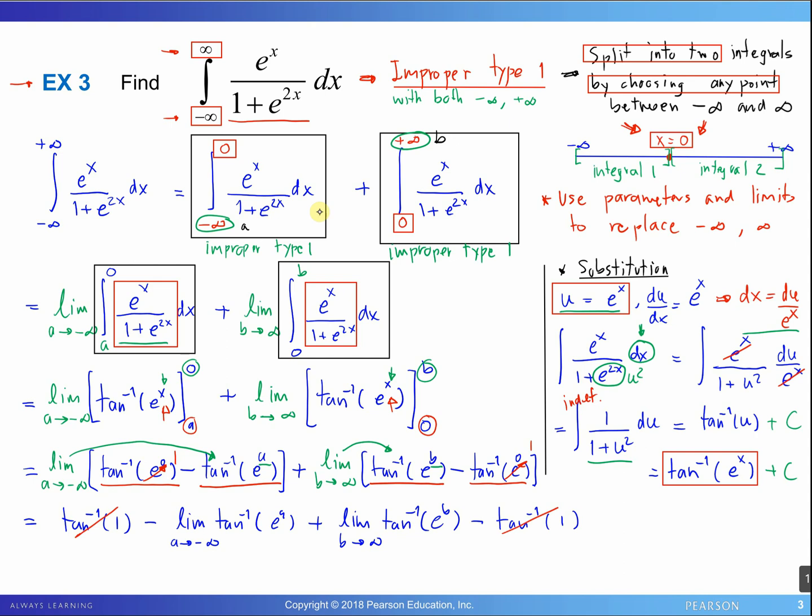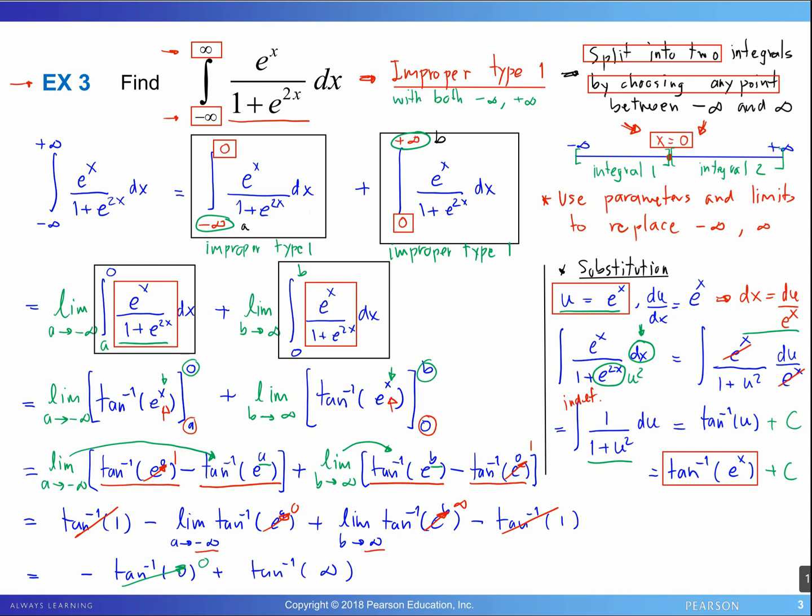When a goes to negative infinity, e to the power of a goes to 0. When b goes to positive infinity, e to the power of b goes to infinity. And now we have minus arctan of 0 plus arctan of infinity. The arctan of 0 is equal to 0.